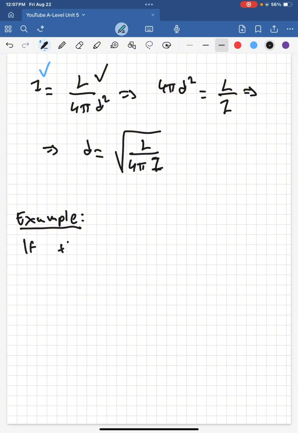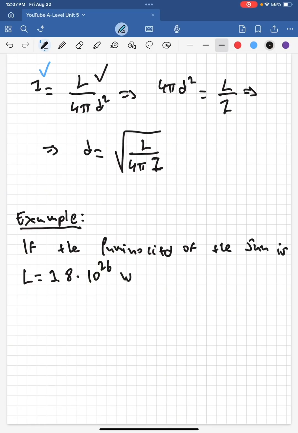If the luminosity of the sun is L equal to 3.8 times 10 to the 26 watts, then what is d, the distance, if the measured intensity of radiation here on Earth is 1300 watts per square meter?